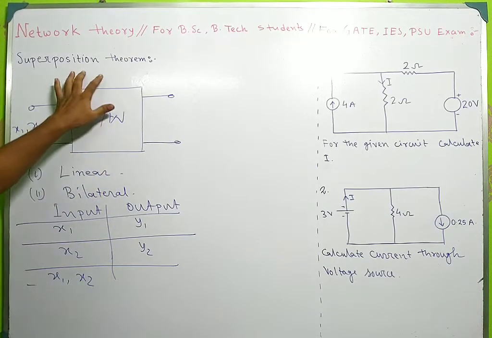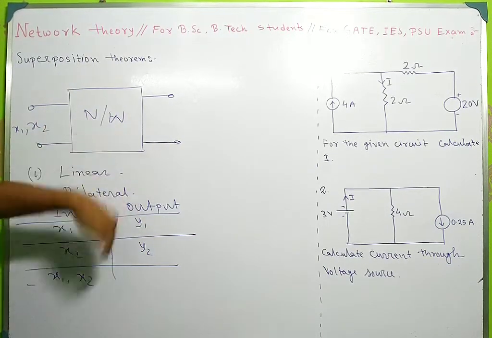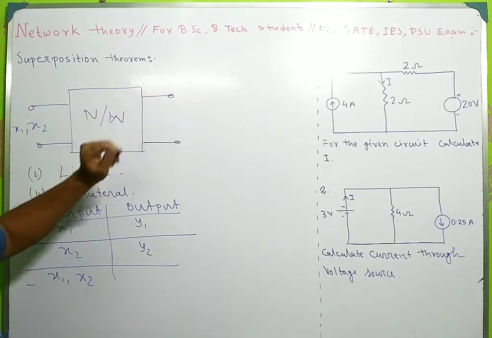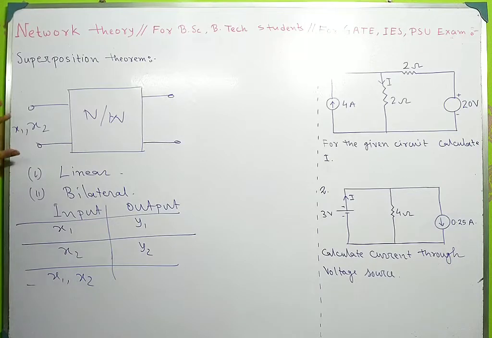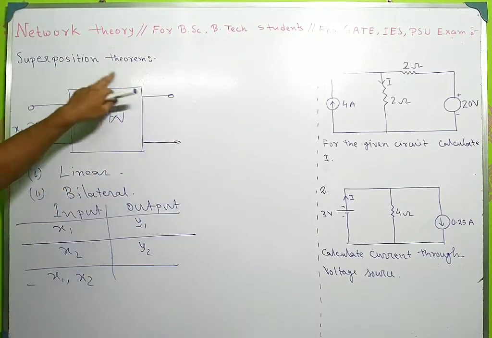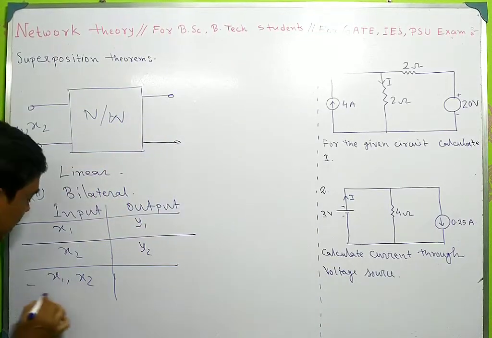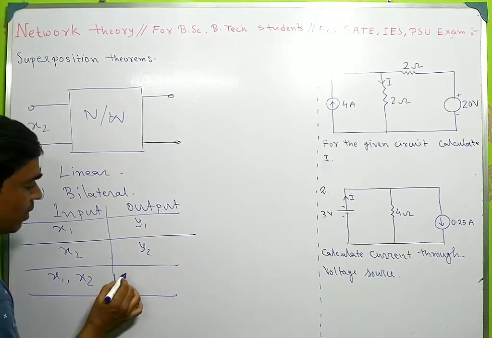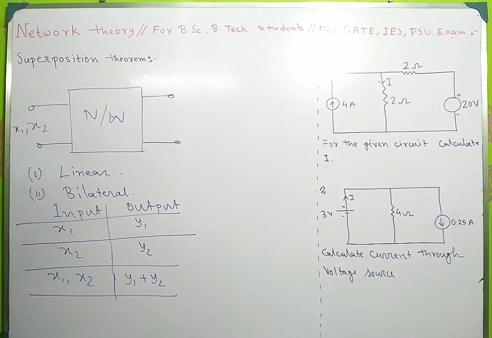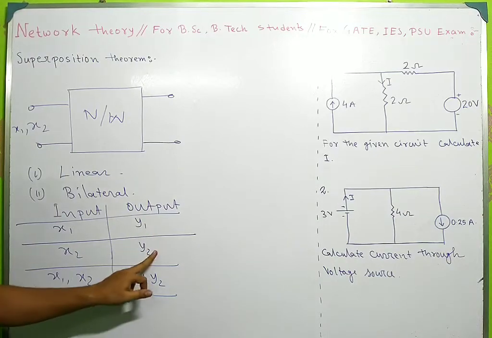The superposition theorem gives this idea of what the output will be when you apply more than one input. According to the superposition theorem, its output will be y1 plus y2. That means the algebraic sum of y1 and y2.